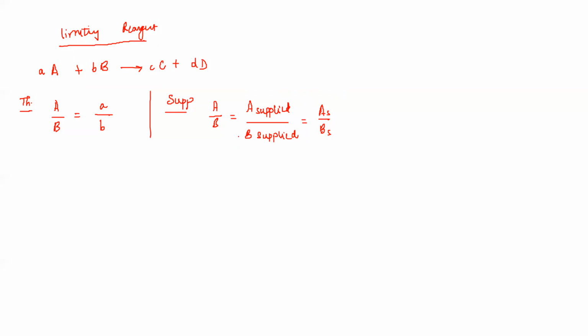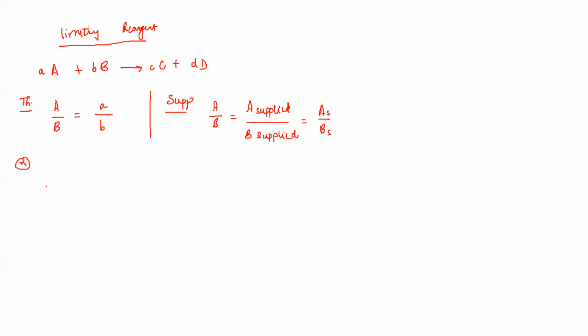Now, remember, when we calculate these two ratios, there are three possible cases. First case may be that theoretical and supply ratios are both equal. If both are equal, then neither A nor B is a limiting reagent.